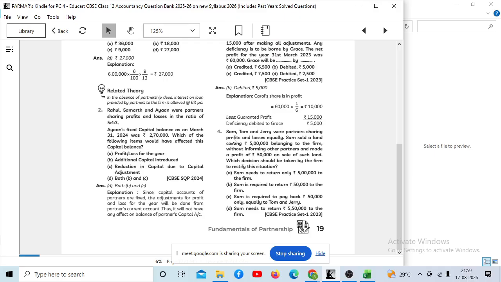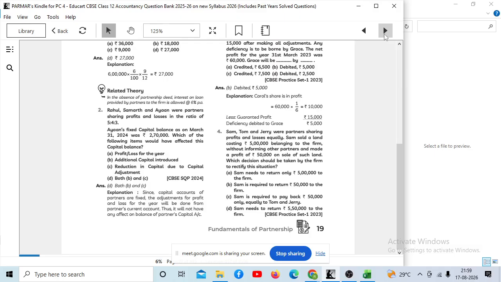No, I'm saying option D, because he did not inform other partners about selling the land, so he has to return the full money, 5 lakh 50,000. So what is the correct answer? Option D is the correct answer.